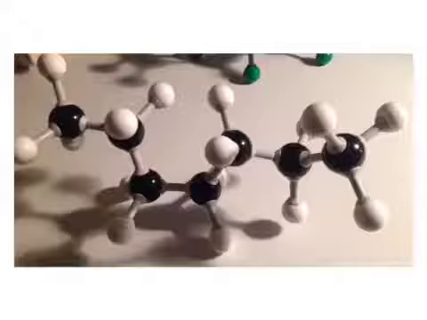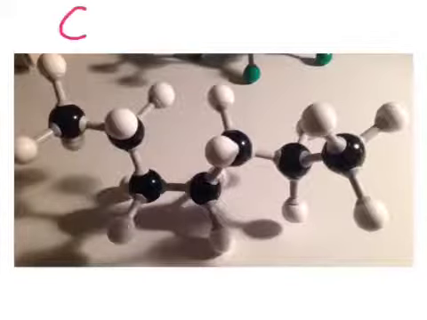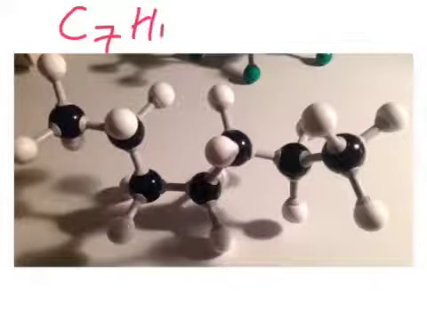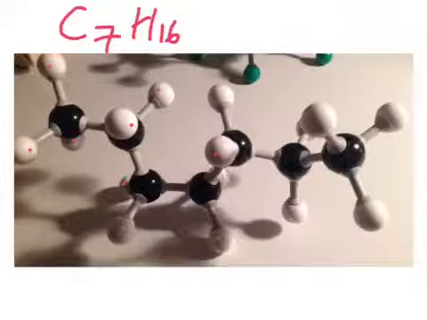There we go. 7 carbons. Heptane. Heptane has the formula C7H16, I think. 1, 2, 3, 1, 2, 3, 4, 5, 6, 7, 8, 9, 10, 11, 12, 13, 14, 15, 16.